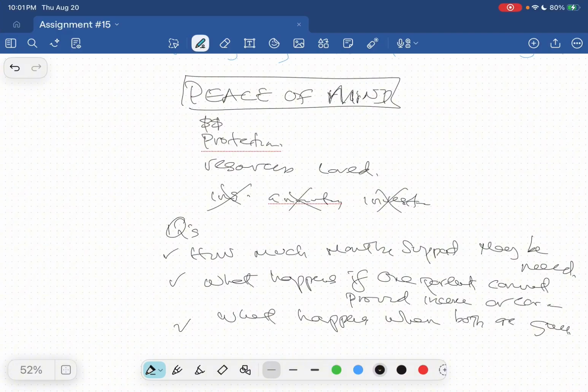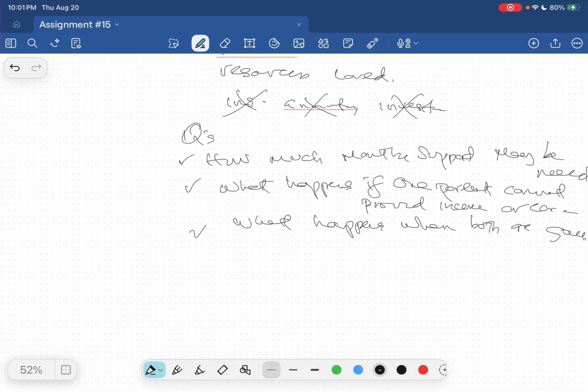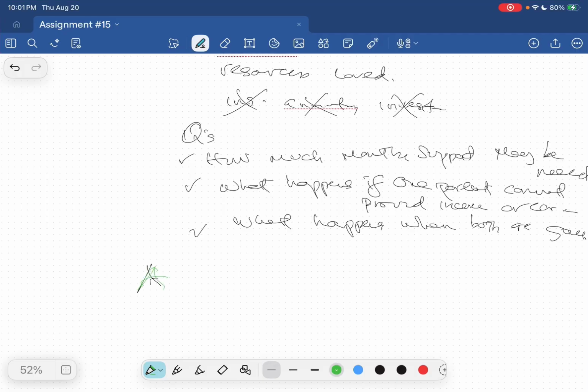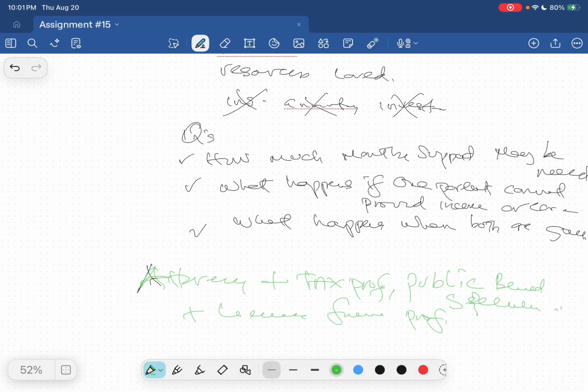Once we understand these three questions, the family's attorney, along with the tax professional, public benefit specialist, and a licensed financial professional such as us can work together to coordinate the legal and financial pieces to pull all of this together.